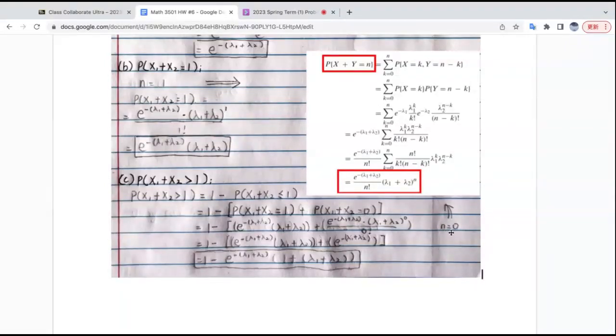For that I use n equal to 0 in the formula in the textbook, then make the calculation. The final answer is 1 minus e to the power of negative lambda 1 plus lambda 2 times parenthesis 1 plus lambda 1 plus lambda 2.